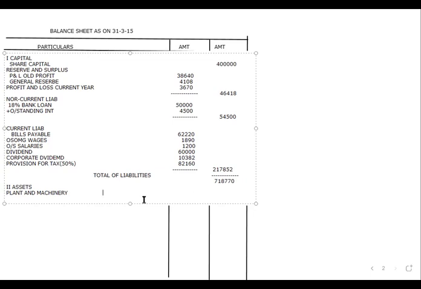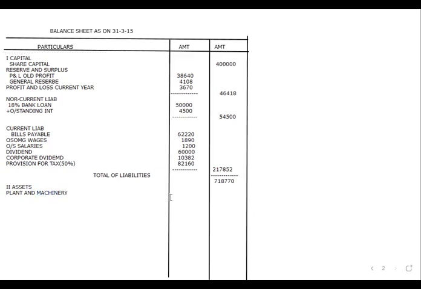So plant and machinery here only I'll show. 1,48,400 minus depreciation, no?